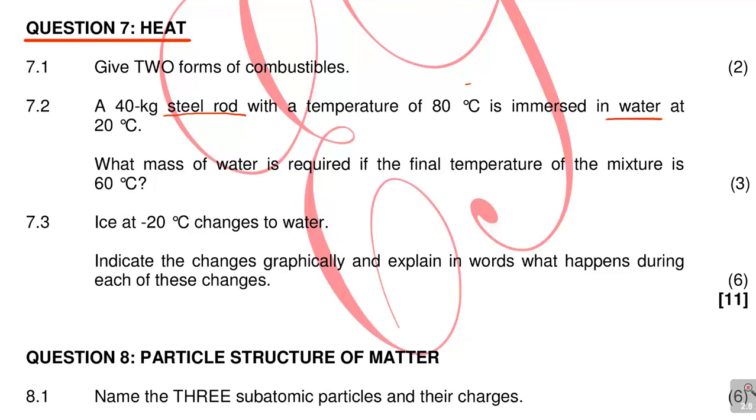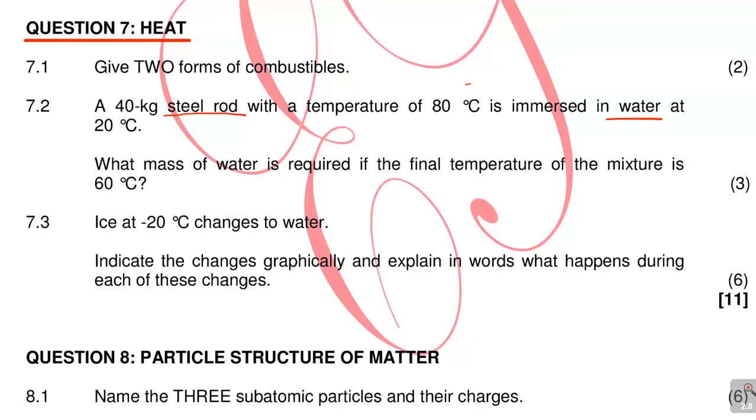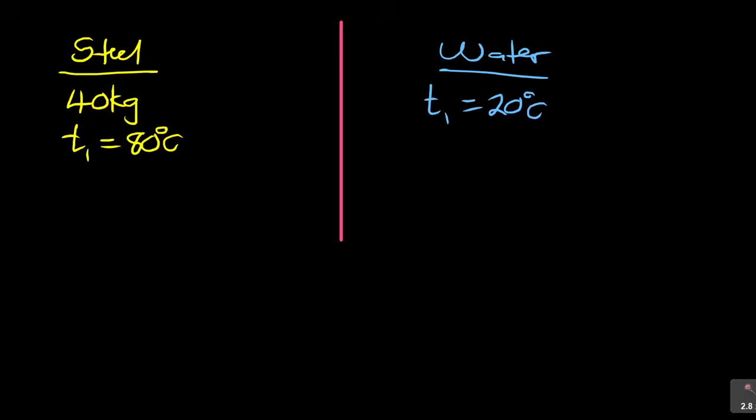The 20 degrees Celsius refers to the temperature of water. So I come to water here, which is my T1, is 20 degrees Celsius. And then it says what mass of water is required if the final temperature of the mixture is 60 degrees. So we've got the final temperature here, the T2. For the steel, the temperature dropped down from 80 because it was hot, going into a cold environment.